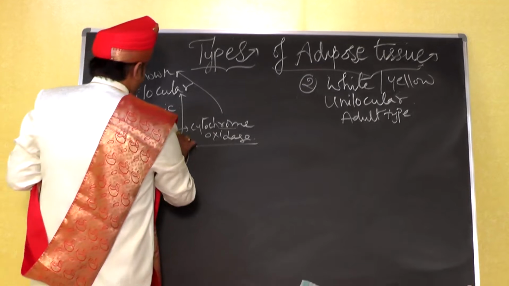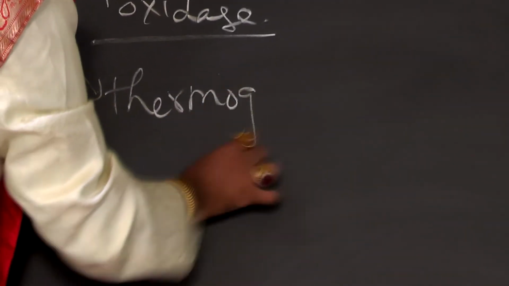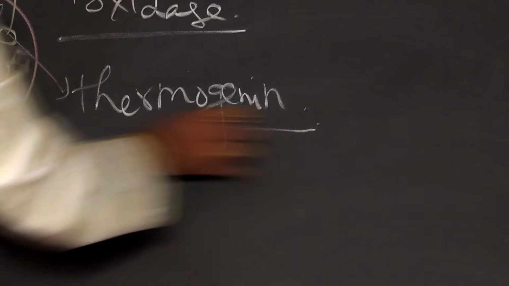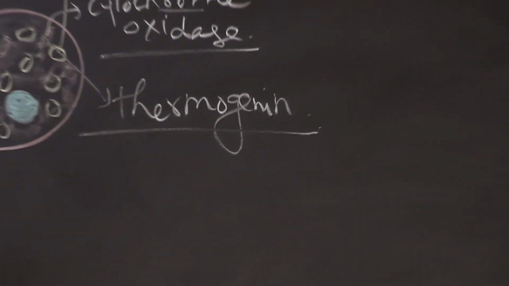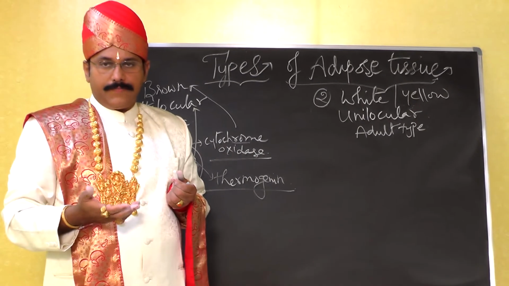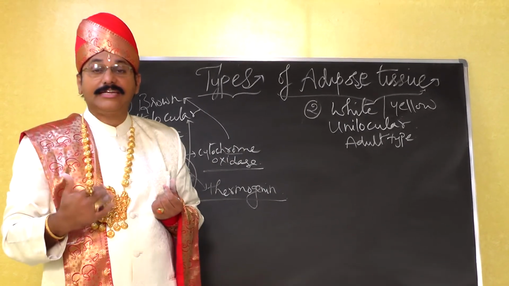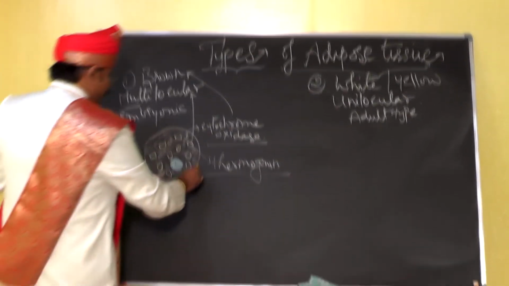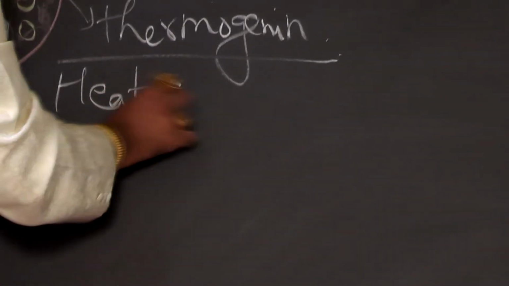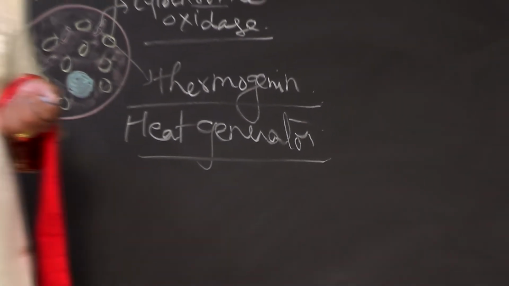Also, the mitochondria have one protein called thermogenin. What is this protein? Thermogenin. This protein produces heat. The brown fat acts like a heat generator. It is going to generate heat because of the protein thermogenin present within the mitochondria.